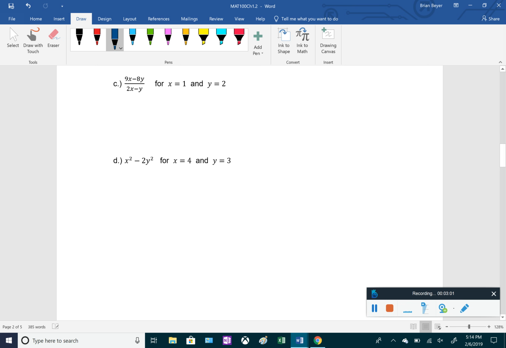So the next one, 9x minus 8y over 2x minus y, for x equals 1 and y equals 2. So plug in a 1 into the x's. So there's 2 x's. So it's going to be 9 times 1 minus 8 times y, which is 2, over 2x minus y, so 2 times 1 minus 2.